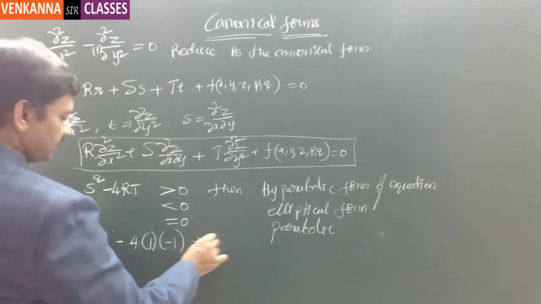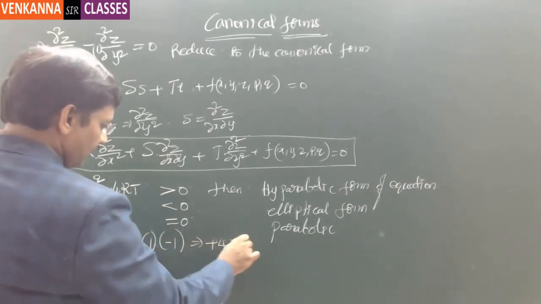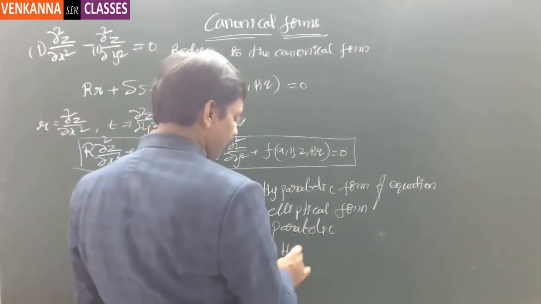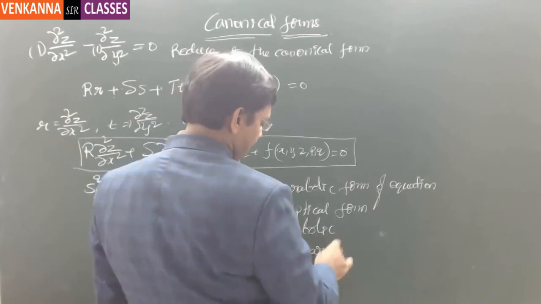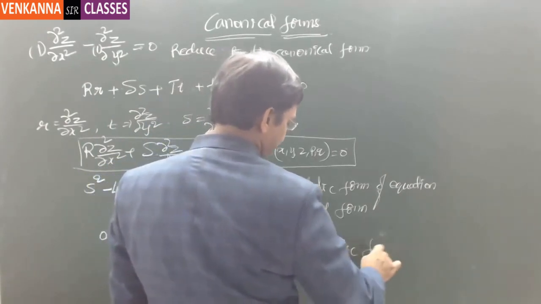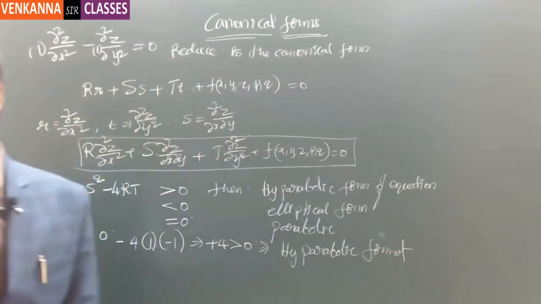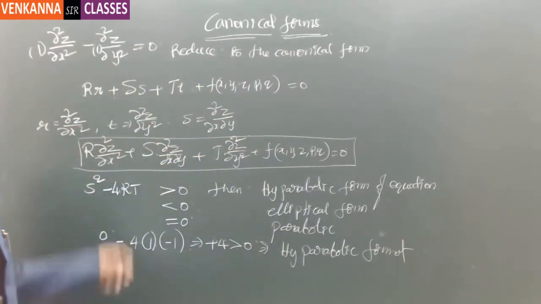So minus 4 times 1 times minus 1, this value is plus 4, which is greater than 0. So if it is greater than 0, this format is hyperbolic. So the given equation is the hyperbolic form of the differential equation.